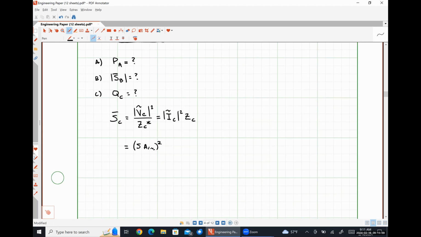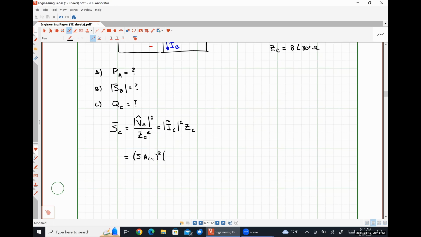So 5 amps RMS squared times impedance ZC of 8 angle 30 degrees ohms. So 25 times 8 is going to be 200 angle 30 degrees volt amperes. So that is our polar form representation.